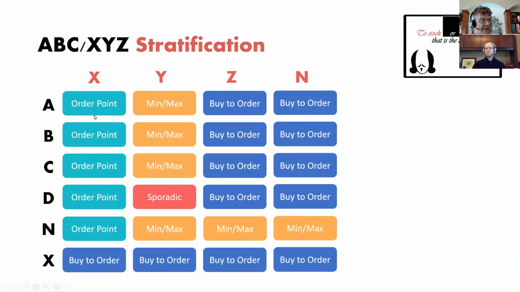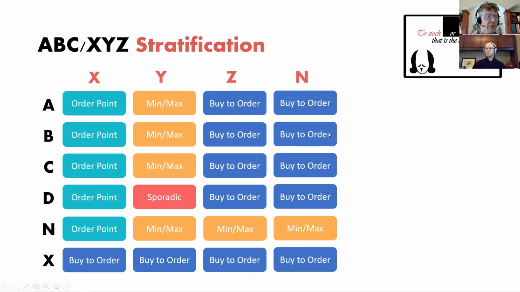So as it relates to say, this category, the A and the X, our most important items, we want to use the most sophisticated order policy of order point, and we want to order in EOQ lots when we're buying this particular product, as long as that's commensurate with the mins and the mults that are appropriate for the item. But then maybe on these, we want to do a min-max because we really want to squash what we're going to keep on hand or really keep tight controls over it.